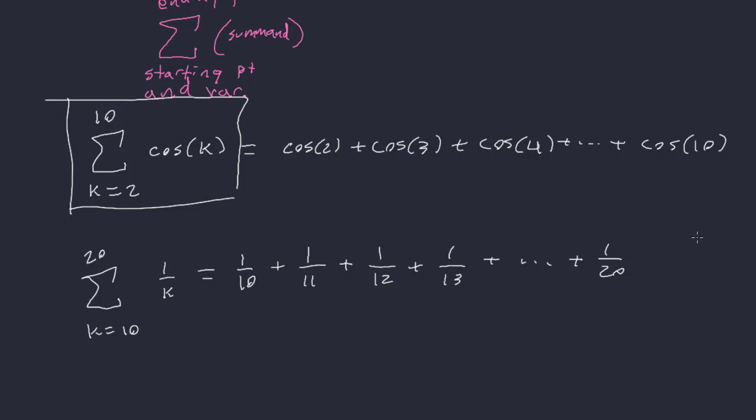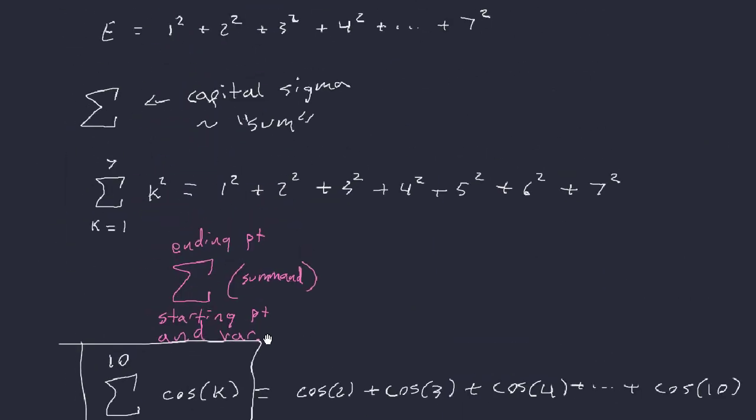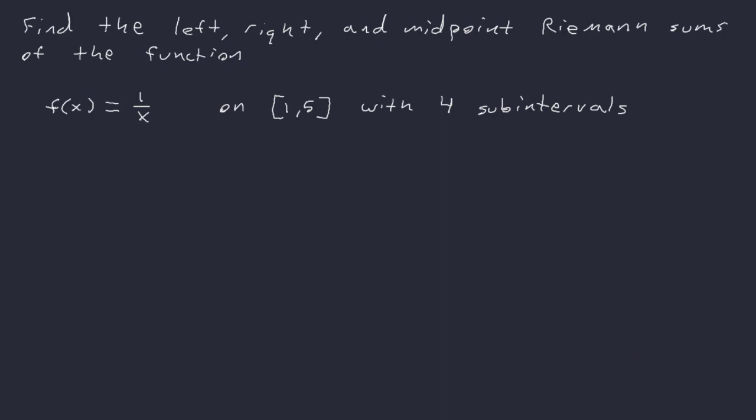Okay, so let's look at some more examples of Riemann approximation, Riemann sums. Let's find the left, right, and midpoint Riemann sums of the function f of x equals 1 over x on the interval 1 to 5 with 4 subintervals.